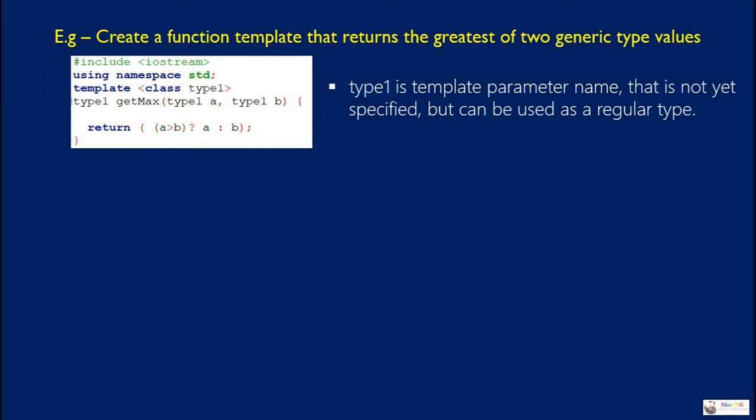If a is greater than b, we return the value a, otherwise we return the value b. getMax is the function template.